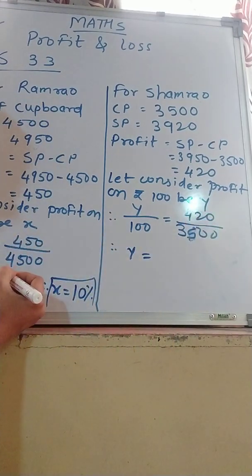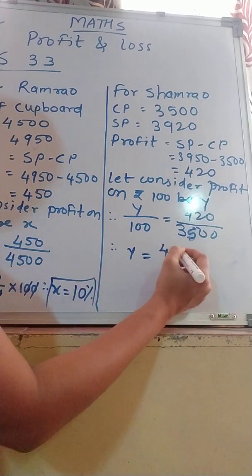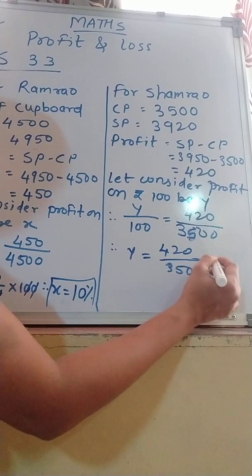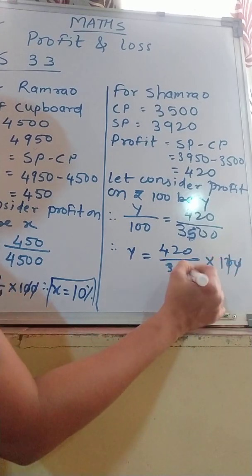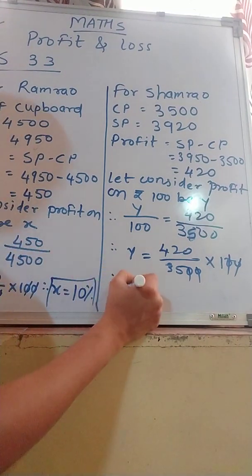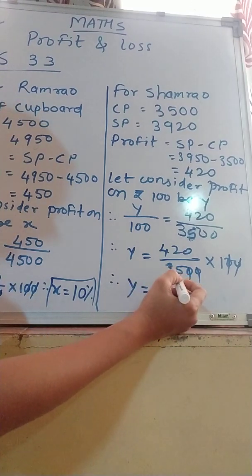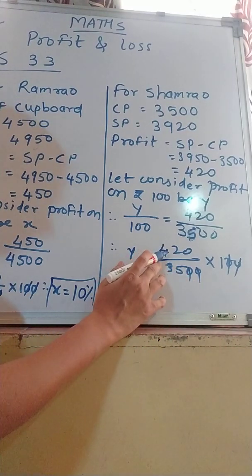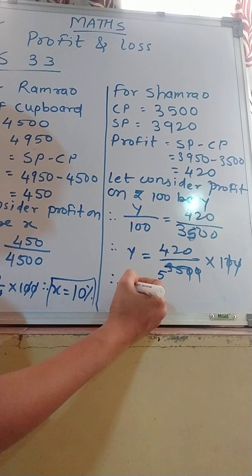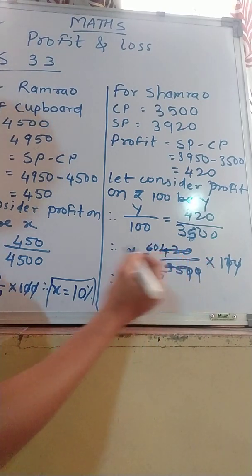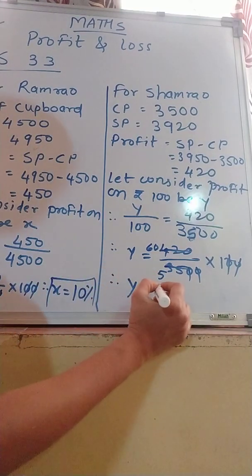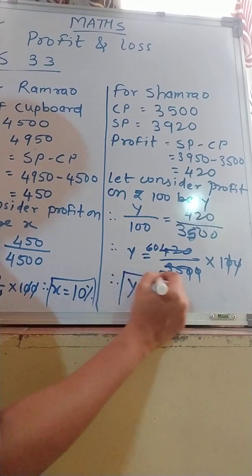Y is equal to, after removing 100 on both sides, we are multiplying with 100, 420 upon 3,500 multiplied by 100. Right? Now, Y is equal to, now see, in 7's table, 35 is also coming and 420, 42 is also coming. So, 7 5s and here 6 0 and final answer is 12%.